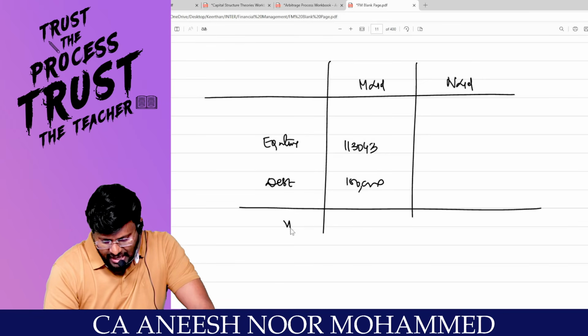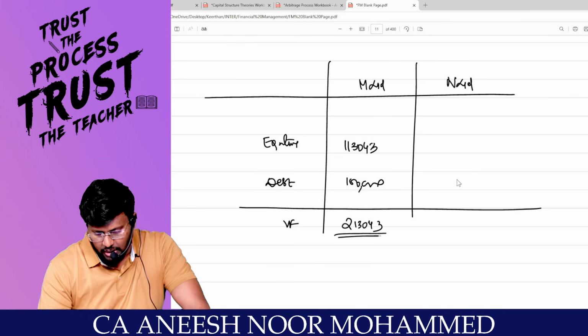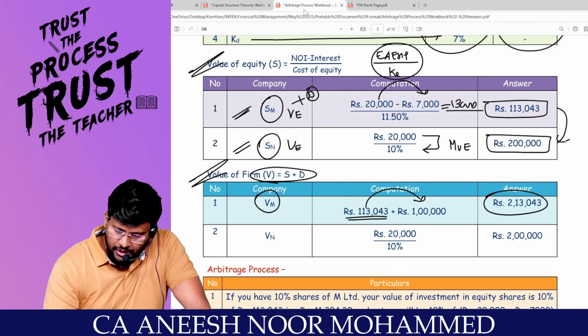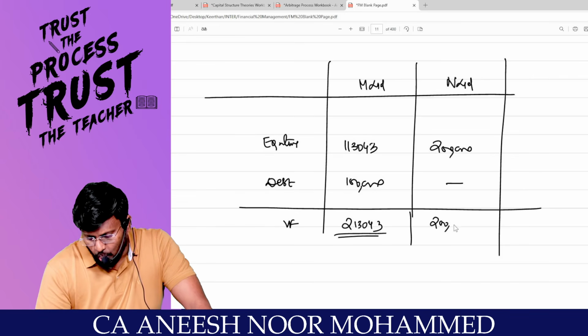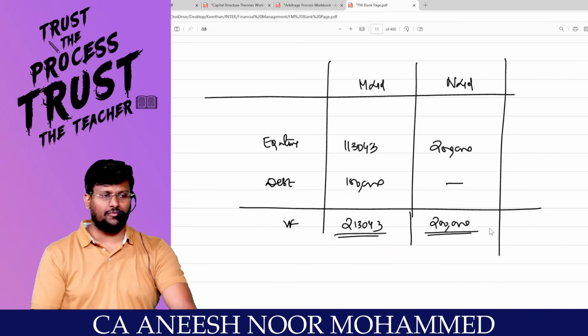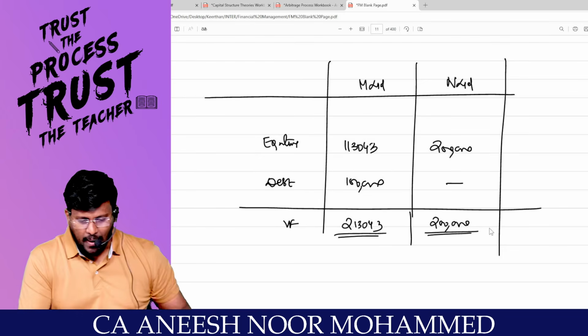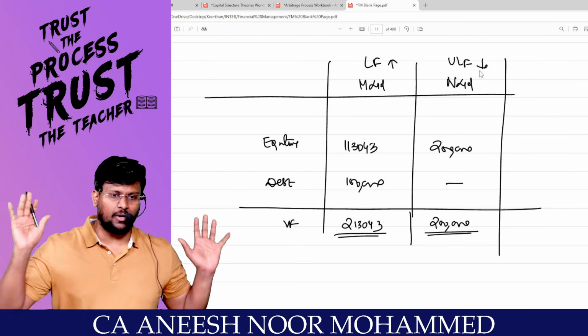So the value of the firm is 2,13,043. But in N Limited, the value of debt is 0 and the value of equity comes to 2 lakhs. So 2 lakh plus 0 comes to 2 lakhs, the value of the firm. So exactly as MM said, the value of the levered firm is higher than the value of the unlevered firm. Correct?